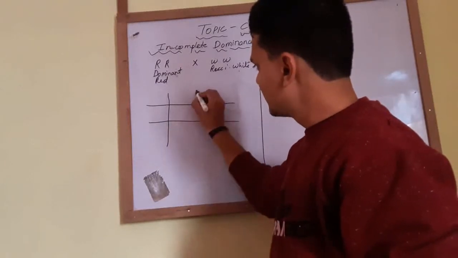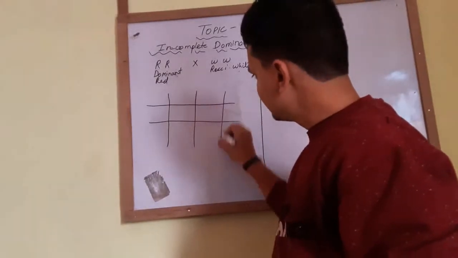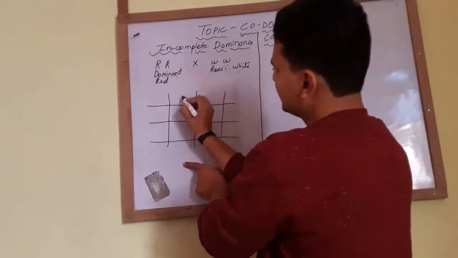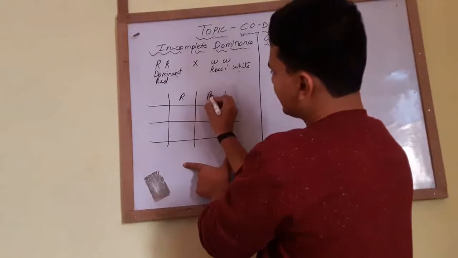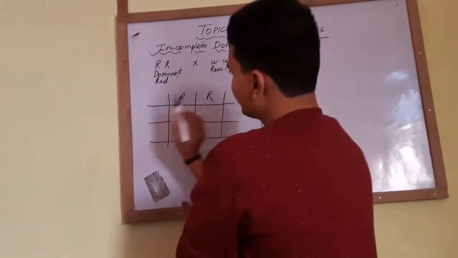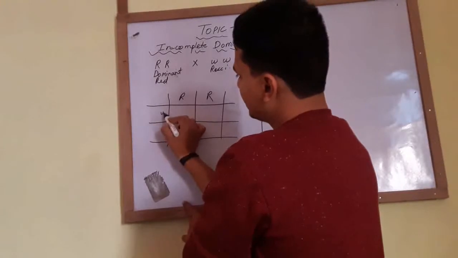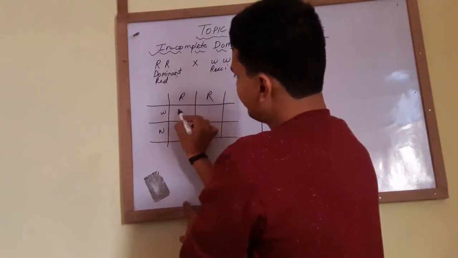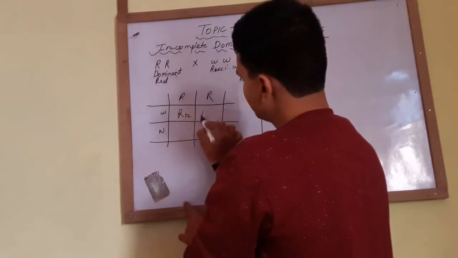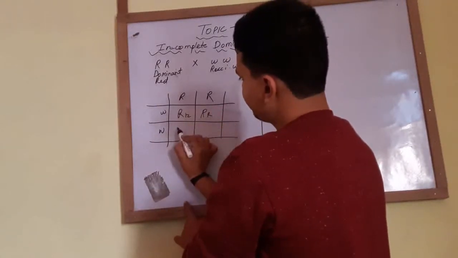So when we plot these alleles or genes in the Punnett square, say pure dominant color, that is red color, crossed with pure recessive white color, will give birth to 4 offspring, right?